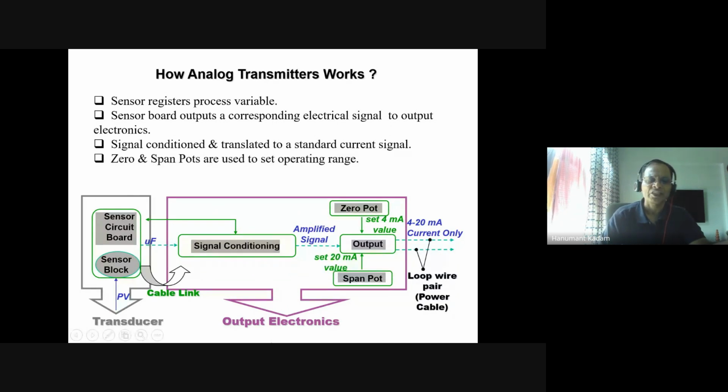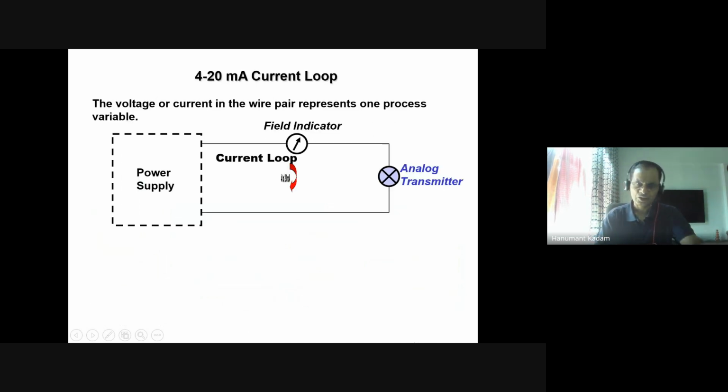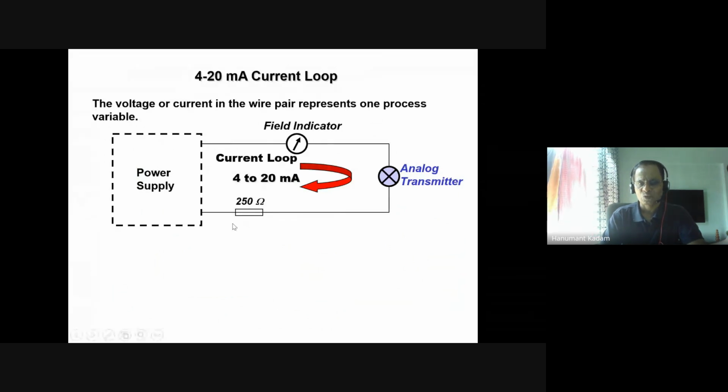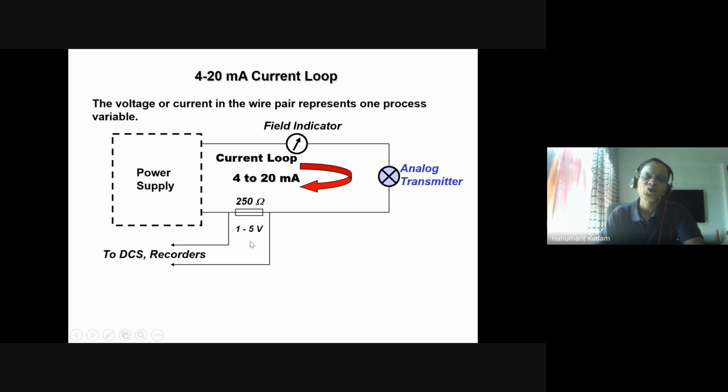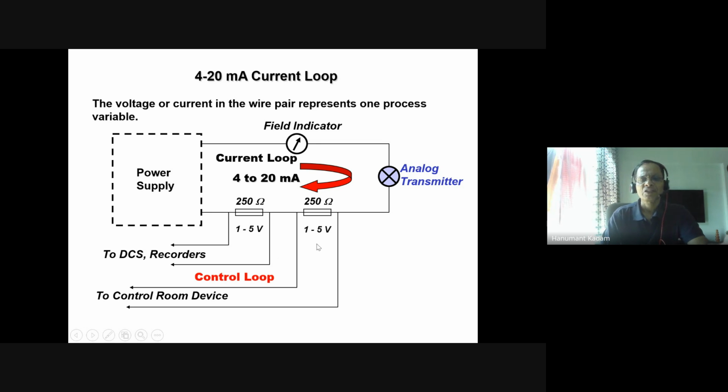Just for a quick refresher, the sensor gives a microfarad signal to the signal conditioner, which is amplified and processed further. Then we discussed the importance of the 250 ohm resistance in the current loop. Across the 250 ohm we get 1 to 5 volt DC for the DCS and recorders, the control room devices.